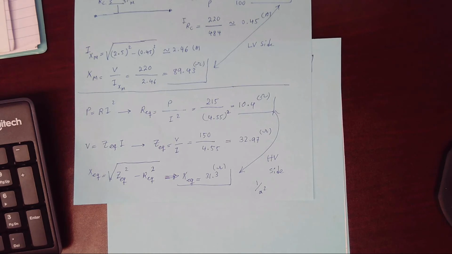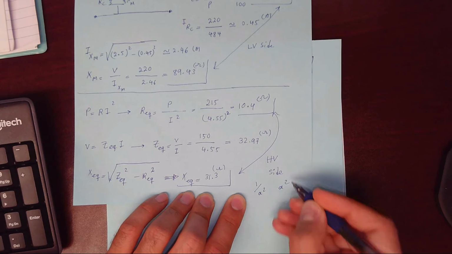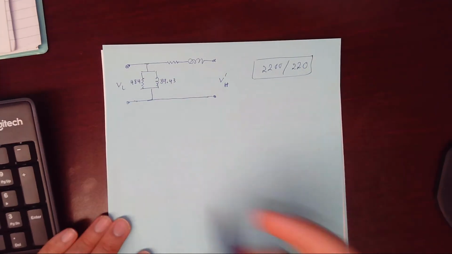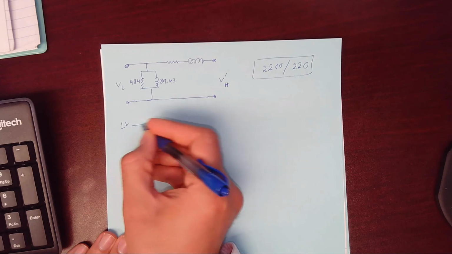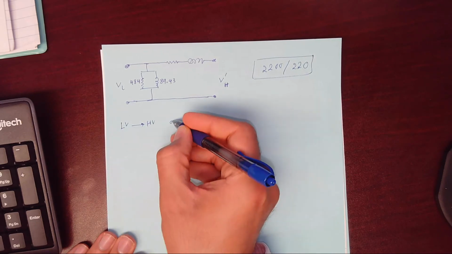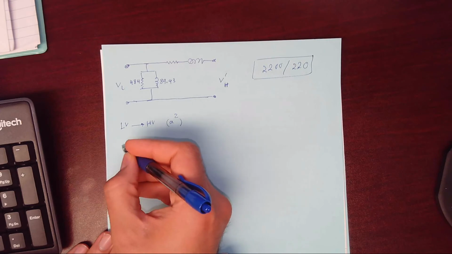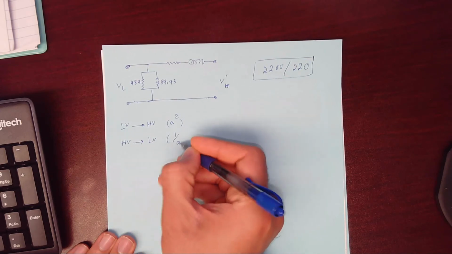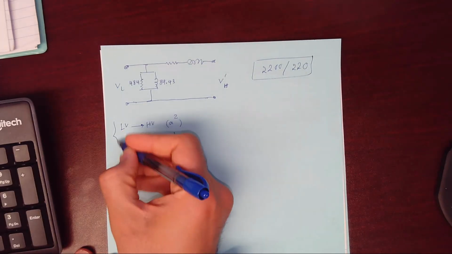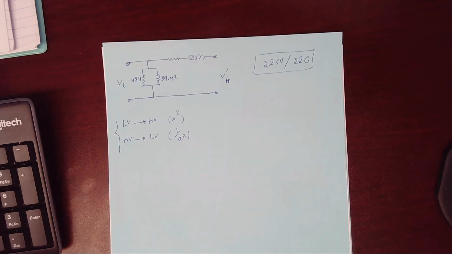When we transfer components from low voltage to high voltage, we have A squared. Let me write it down one more time: from low voltage to high voltage, A squared, and from high voltage to low voltage, 1 over A squared. We discussed this a few sessions ago, when we talked about impedance transfer.